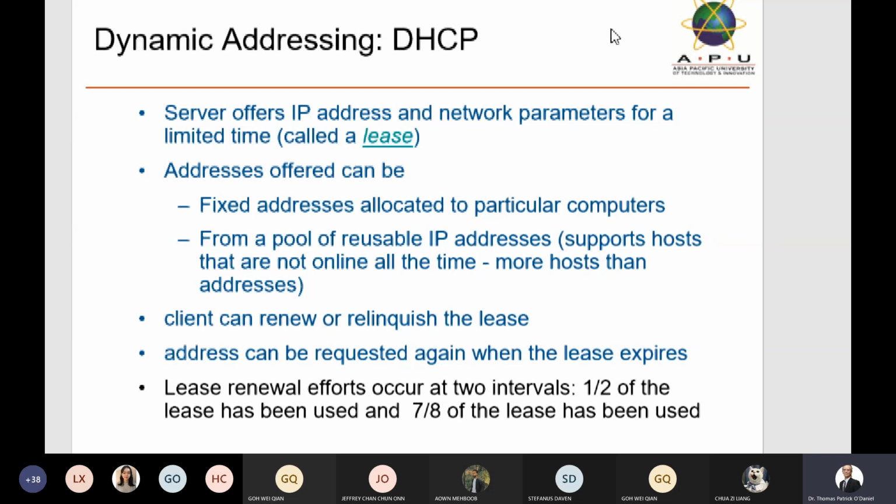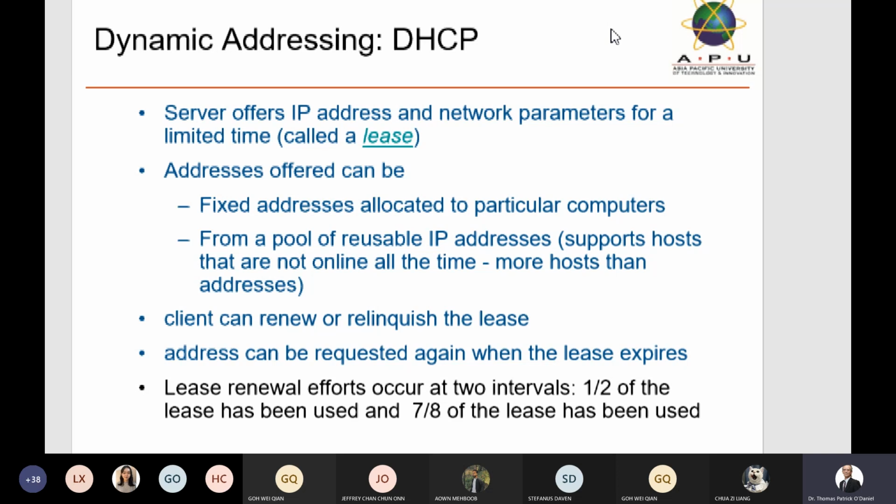So the idea here, even back in the very first one, BOOTP, is that you get an IP address for a certain period of time, and they call that a lease. Just to give it a name that makes sense to people.